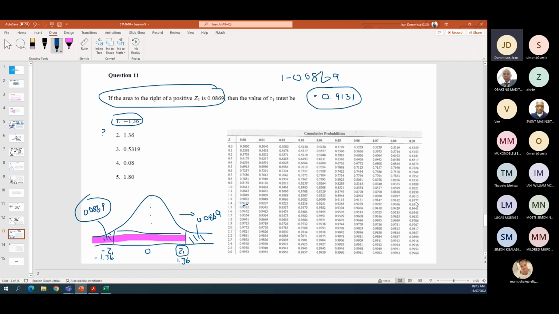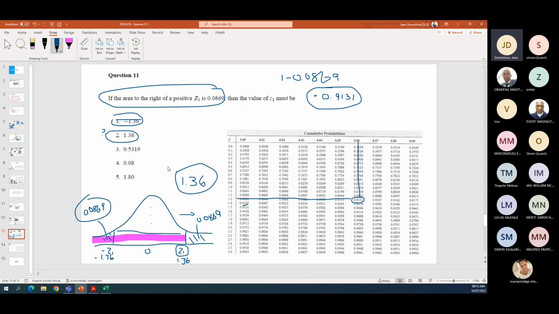I need to go to the other side. 9177, not yet. 9131. And if I cross check that, it gives me 1.3 and across the 6. Okay, which gives me option 2 as the right option.